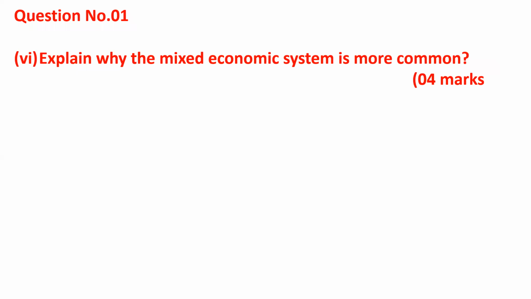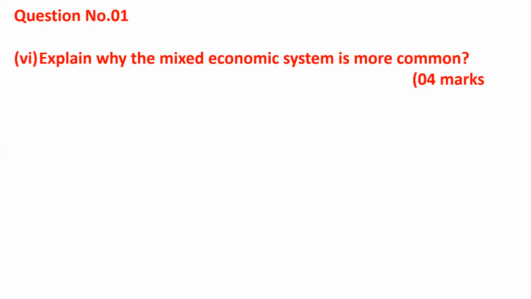Explain why the mixed economic system is more common. Again, you have to first define what a mixed economic system is. Now we know practically all the countries have a mixed economic system. Why is that? The key reason is failure of the market economy and the command economy. That's why the mixed economy was born.